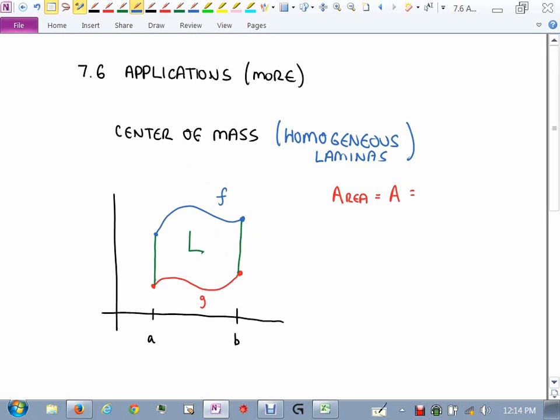Put in there homogeneous laminas because we do need that. What is the area of that lamina? Because I'm going to give you the formula for the center of mass, but you need the area for the formula. So what is the area of that?